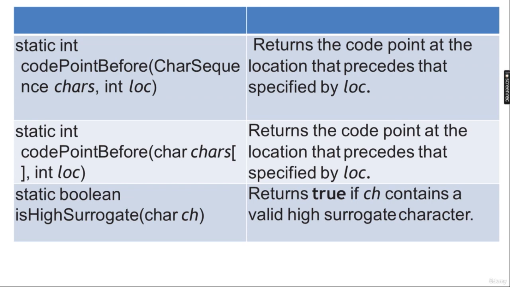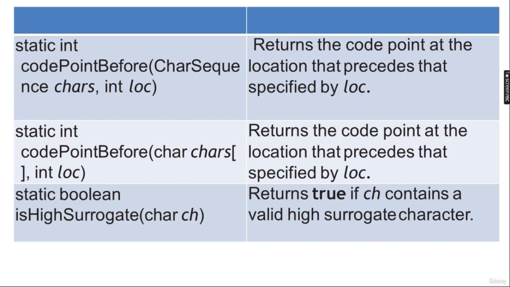Static int codePointBefore(CharSequence chars, int loc) returns the code point at the location that precedes that specified by loc. Static int codePointBefore(char[] chars, int loc) returns the code point at the location that precedes that specified by loc.